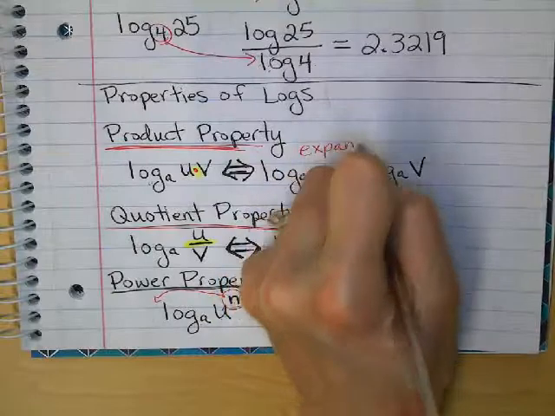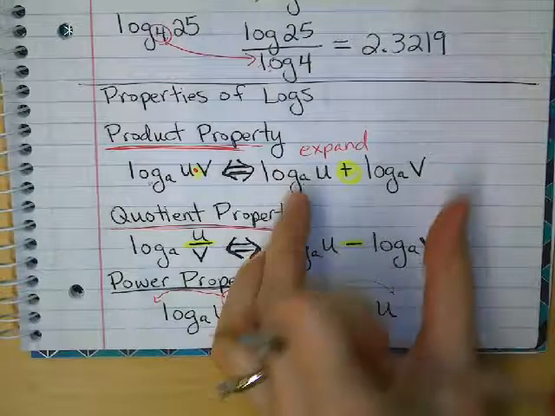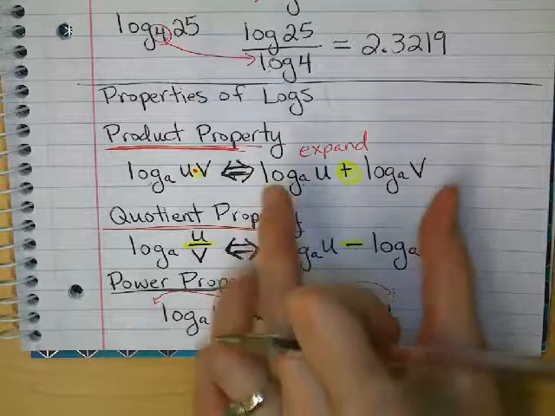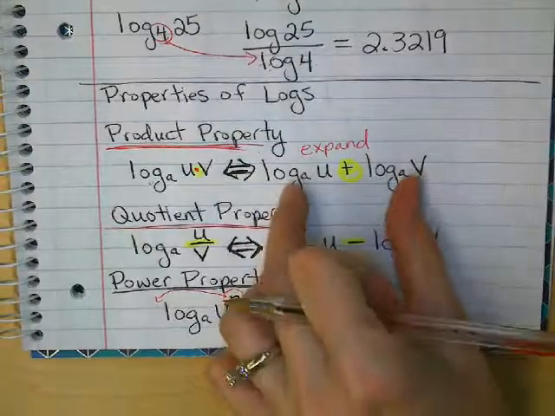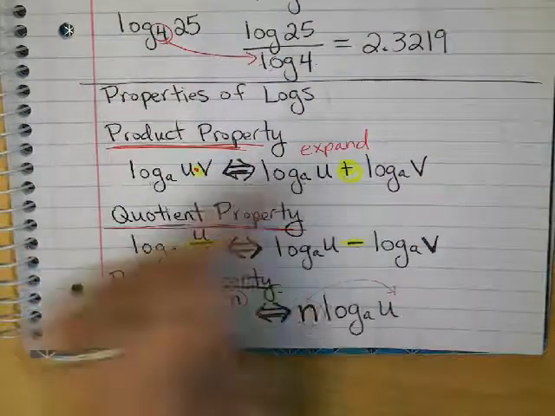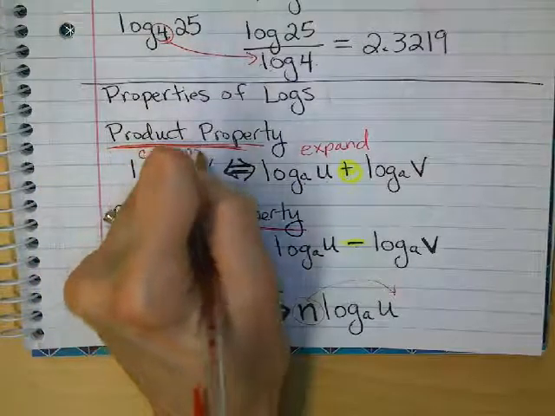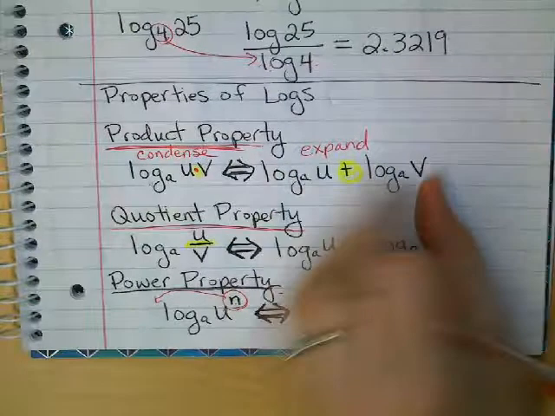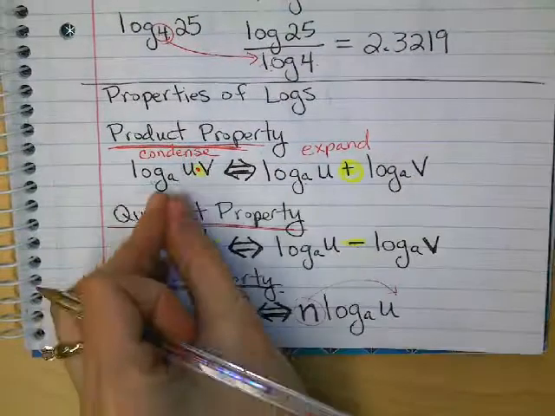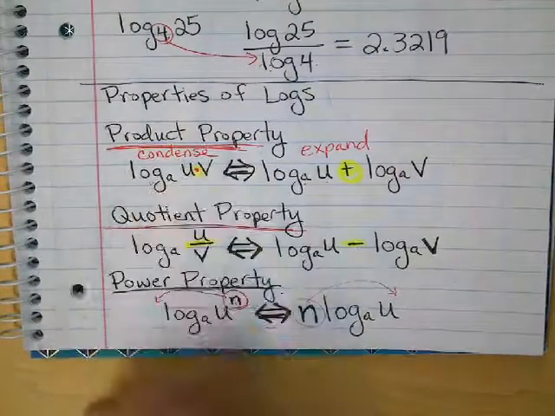So they're going to ask you to expand some. And like I said, it can go either way. If you started with the two logarithms and they want you to put it back together into one, that's called condensing. So you can either expand it out into two things or put it back together, condense it into one thing.